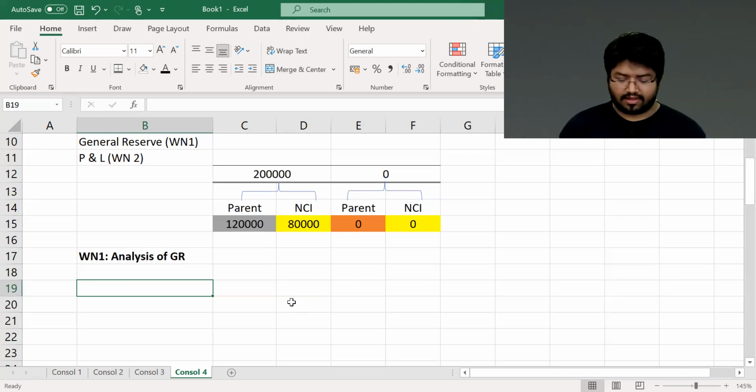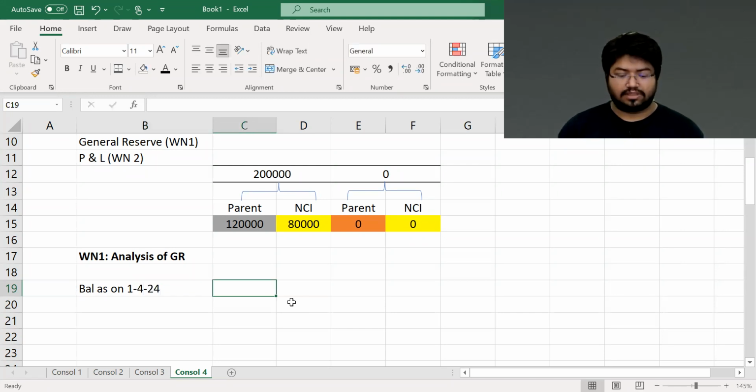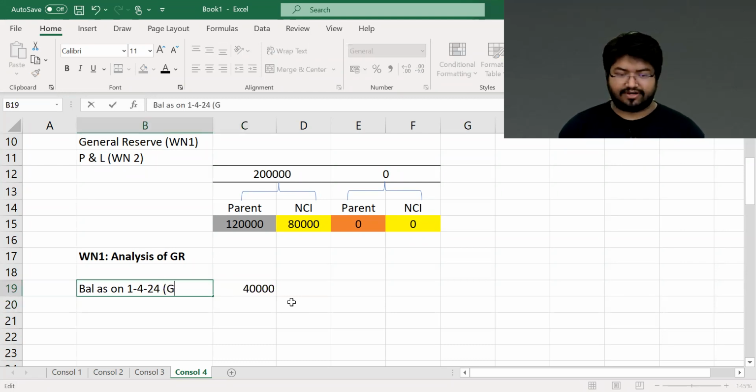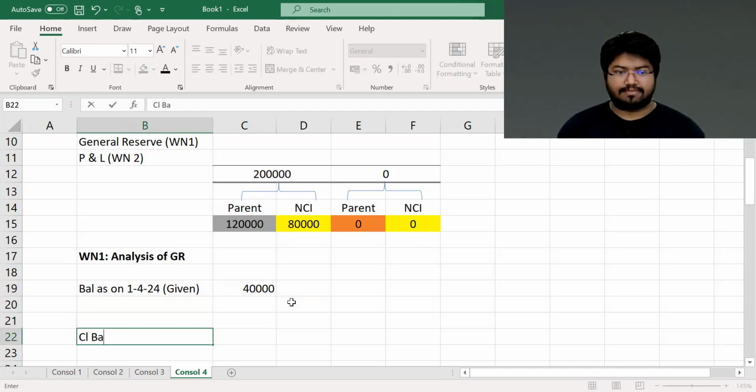In this, write down the balance as on 1st of April 24. He has mentioned that it is 40,000. This is given. Closing balance as on 31st March 25 is also given.